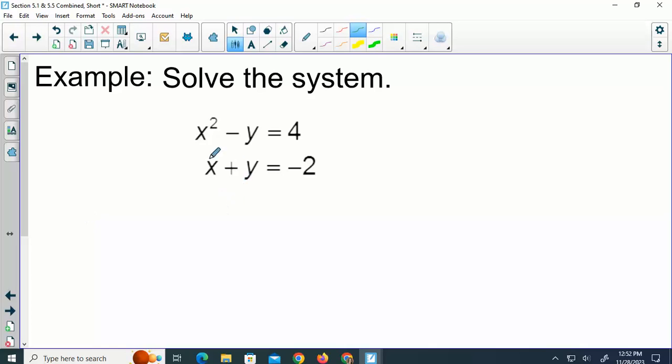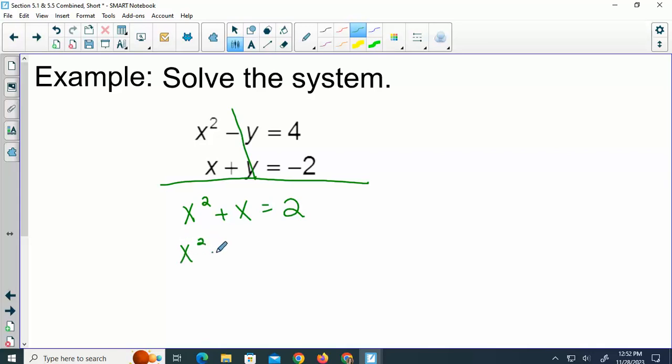Now, if I want to solve a quadratic, I could solve a quadratic equation if it had both an x squared and an x in it, right? So let's try to eliminate the y. And it's actually set up pretty easily for us to do that. If we add these equations together, negative and positive y cancel. So we have x squared plus x equals 2.